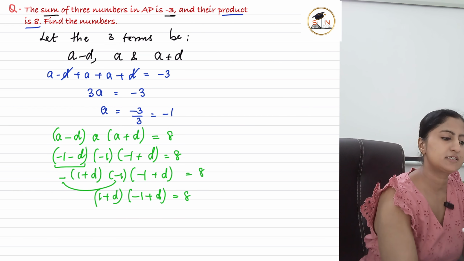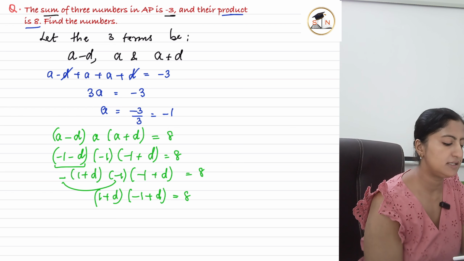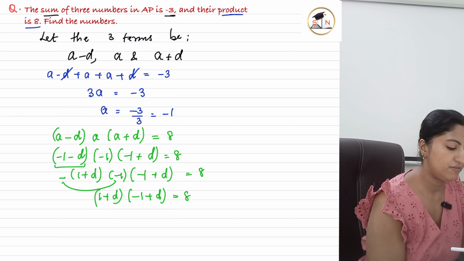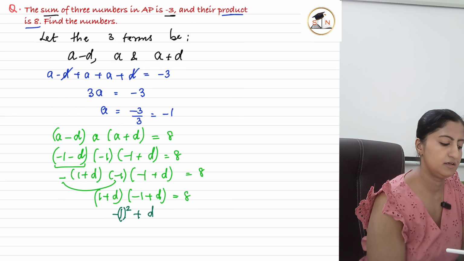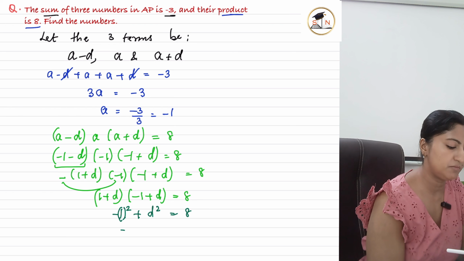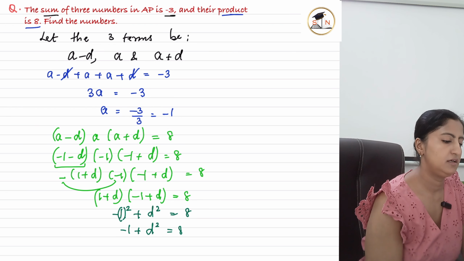Now over here in this step, I am going to apply the third algebraic identity, that is a square minus b square. So I will have minus 1 square plus d square equals 8. Okay. So that leaves us with minus 1 plus d square equals 8.